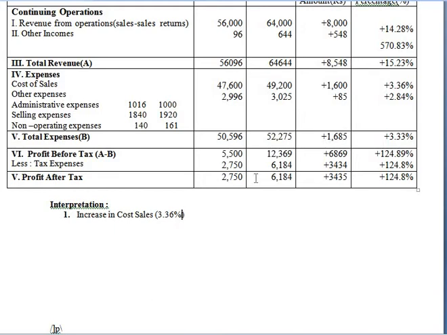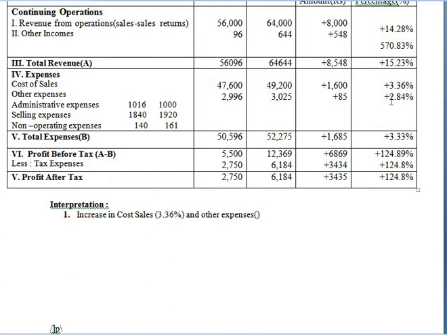Okay, increase in cost of sales and other expenses, and what is the percentage of other expenses here?